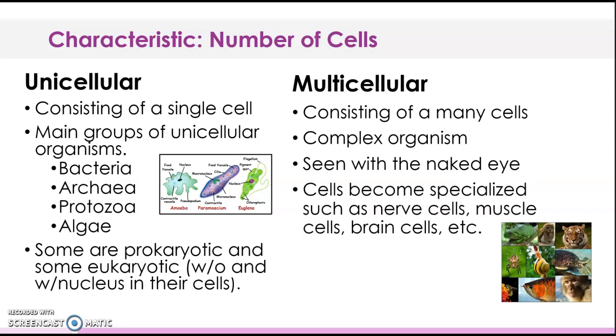That means you can see it without a microscope. Cells become specialized, such as nerve cells, muscle cells, and brain cells. Some of you might not have known that your organs, you have specific cells that make up that organ. So there are cells specifically for your heart, cells specifically for your nerves, and so on.